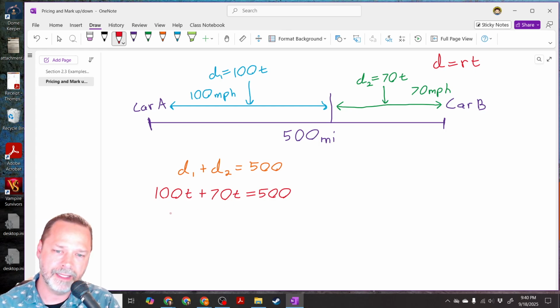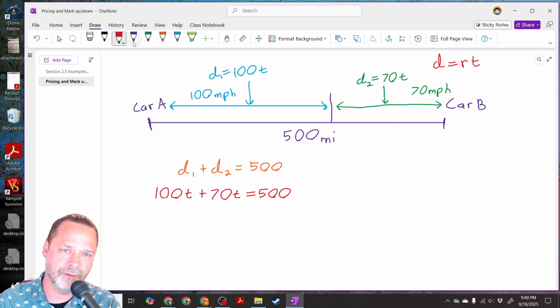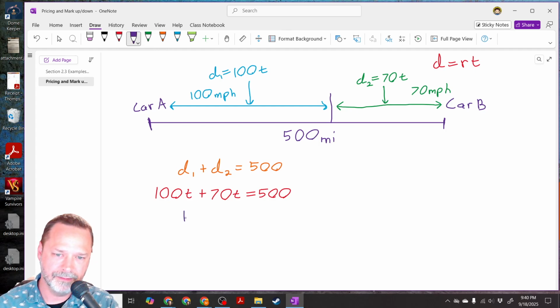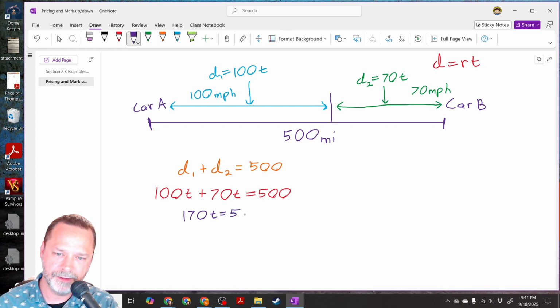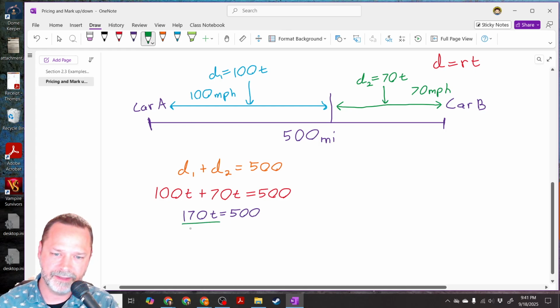And so this is the way I like to do these. Now we can just solve the equation. We'll be done. So 100t plus 70t is 170t equals 500. Divide both sides by 170 so we can get our variable by itself.